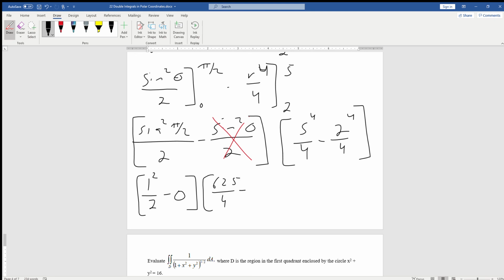And then 16 fourths is obviously 4, but I'm just going to leave that as 16 fourths. That works out to be 1/2 times 625 minus 16, which is 609 over 4. 609 does not contain a factor of 2, so this just winds up being 609 over 8.